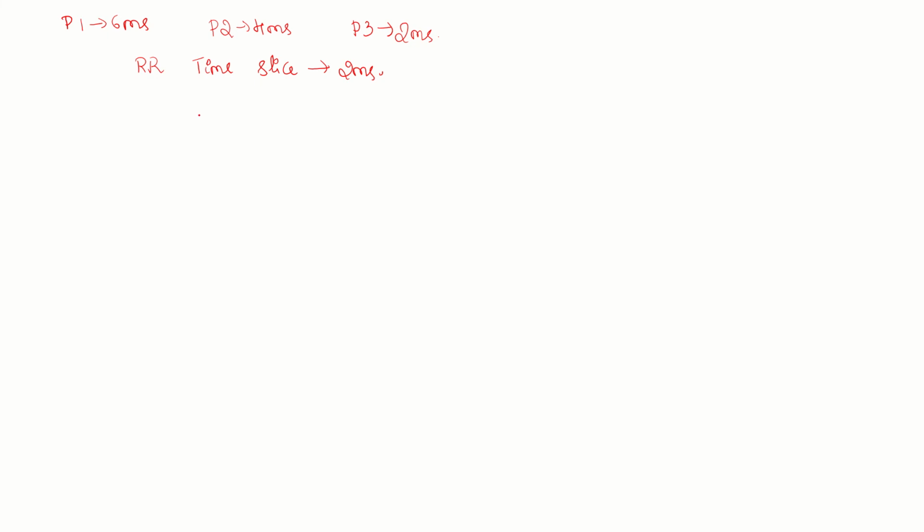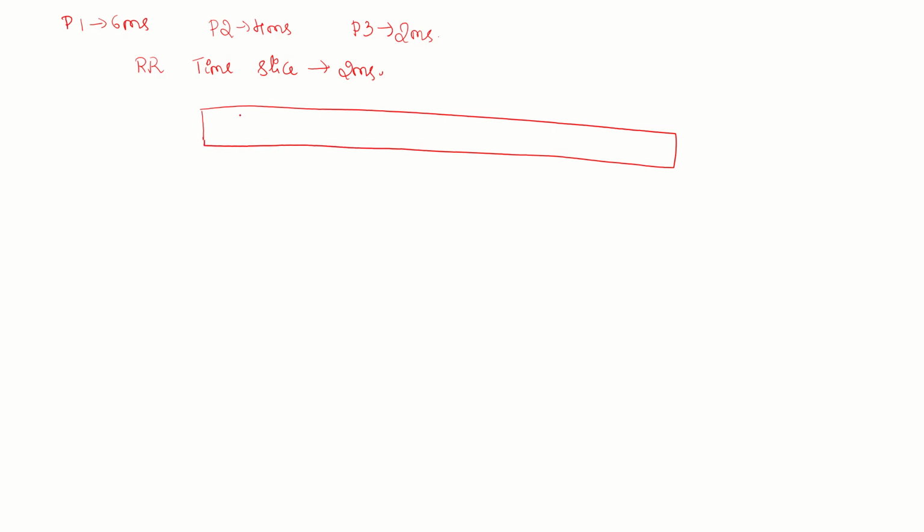Okay, first we will draw one big rectangular box. First, at 0 milliseconds, P1 comes at the beginning. It executes for the time slice, which is given as 2 milliseconds, but it didn't complete its execution. After 2 milliseconds, P2 comes.